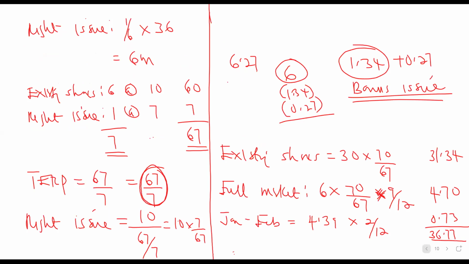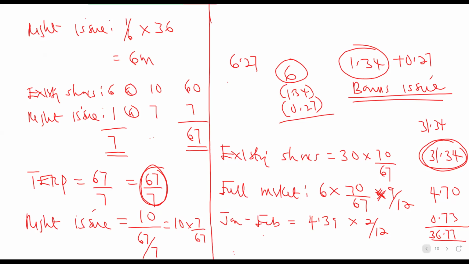The shares for the existing shares will be 31.34. The bonus issue will affect that one too. The bonus issue will affect the full market value, and the bonus issue will affect the shares that have been done at 31 December. So whenever there's a bonus issue and right issue, it will be affecting the shares that have been in existence before. So what are the shares in existence before the issue was done? It will affect that one like that.